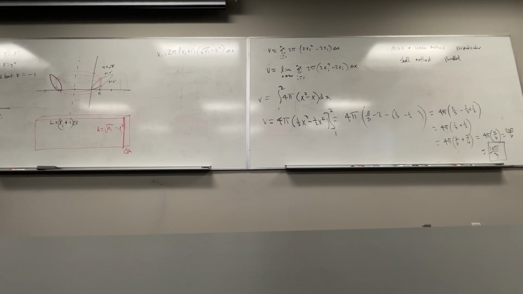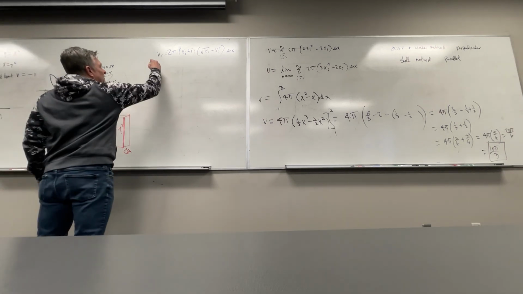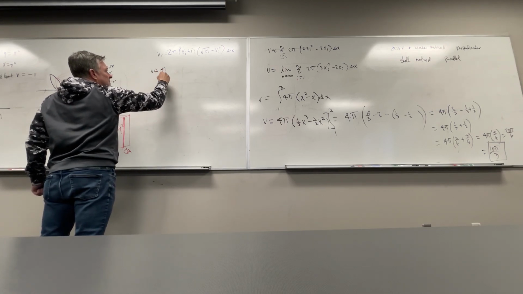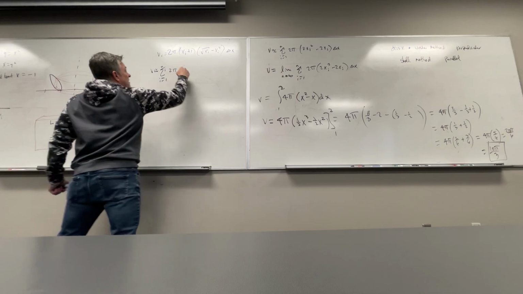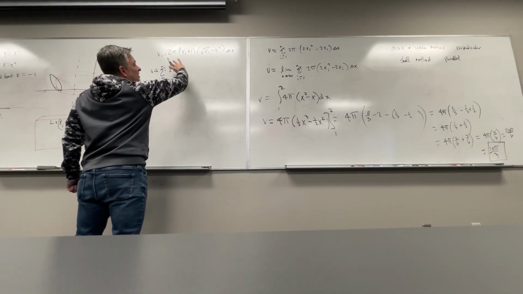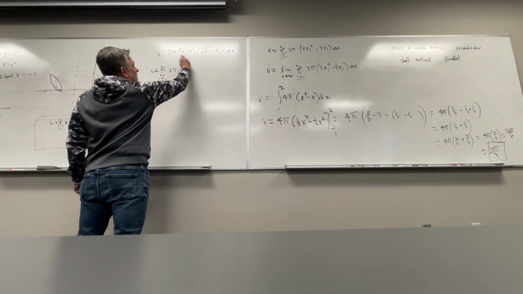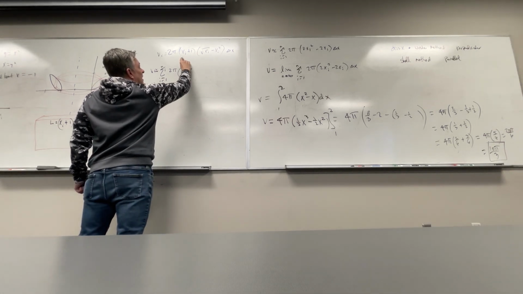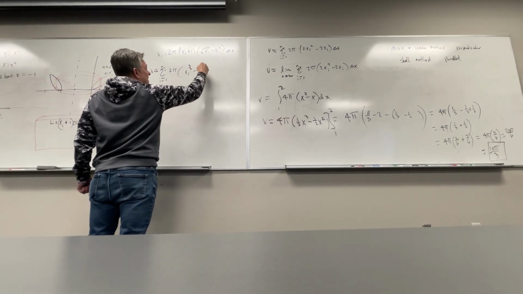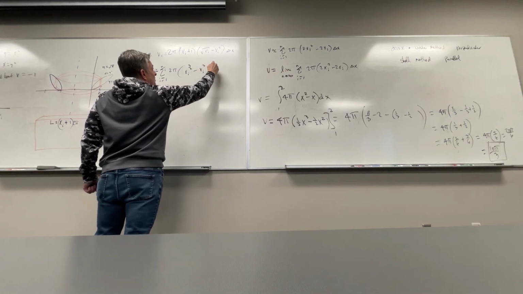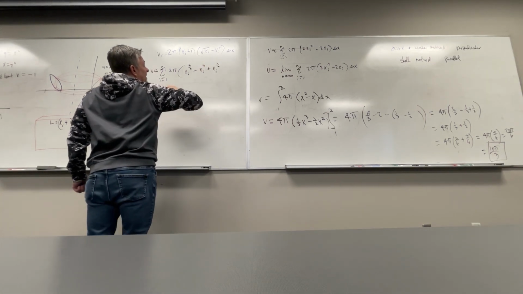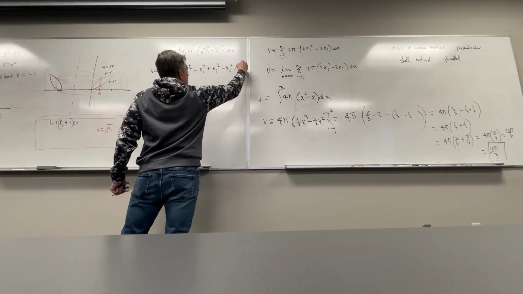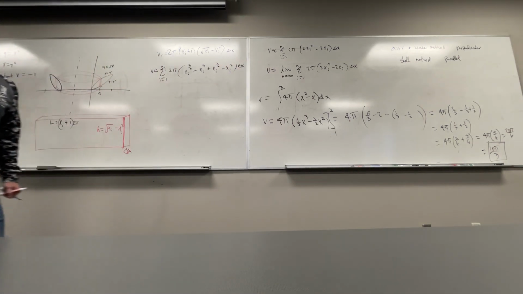And then do a bunch of multiplying. But we can go ahead and say, all right, our volume is approximately the sum i equals 1 to n, 2 pi. All right, let's see. We're going to FOIL this thing out, right? So we'll have x sub I to the 3/2 minus x sub I cubed plus x sub I to the 1/2 minus x sub I squared, delta x. You guys get the same thing?